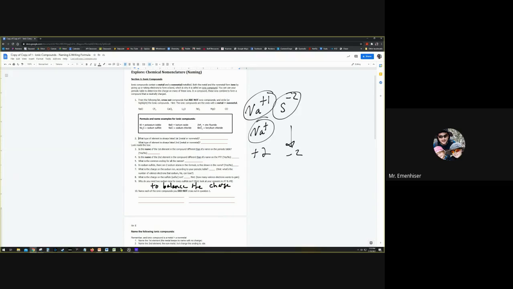All right, now let's name each ionic compound that we did not cross out in question 1. We did not cross that one out, that one, and that one. So that is sodium chloride. That's that one. Calcium chloride is the next one.